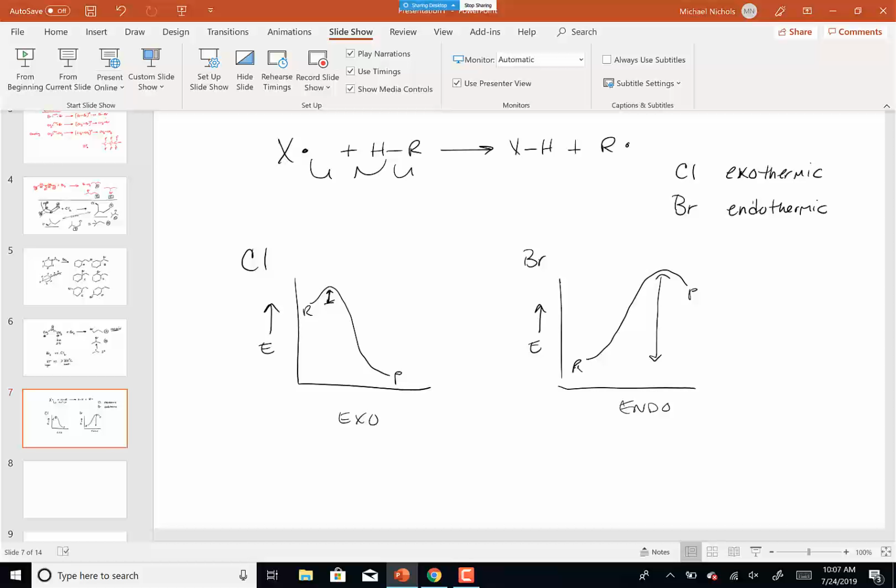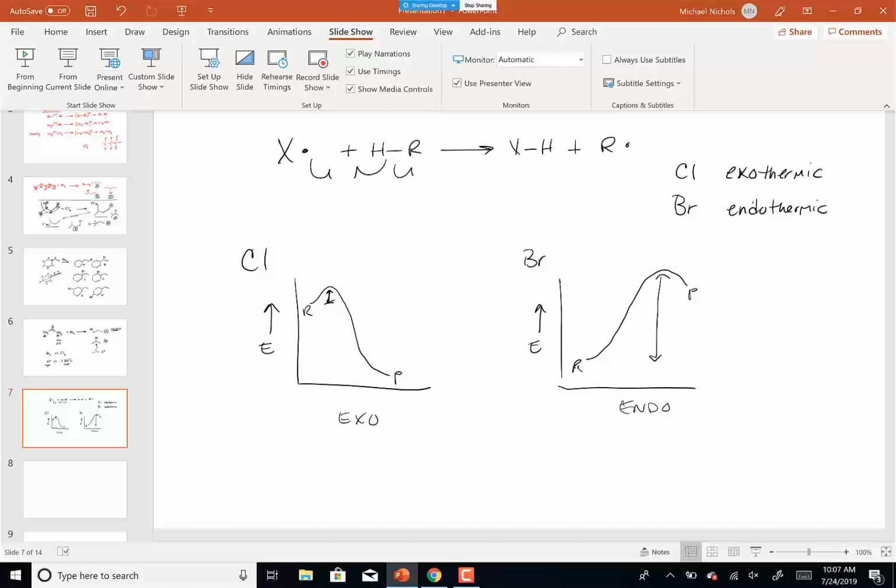And he never intended it to be used as sophomore level organic or beginning organic. But we've interpreted it along the way, and we've included it probably in the last 10 years to be able to explain this. So where does that come into play? Where would Hammond's Postulate come into play?